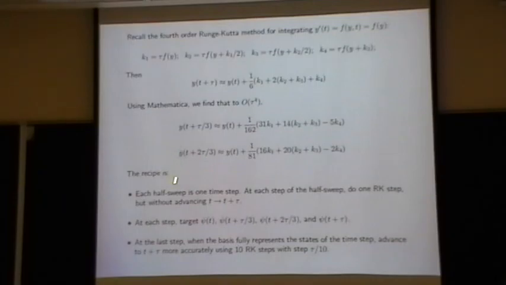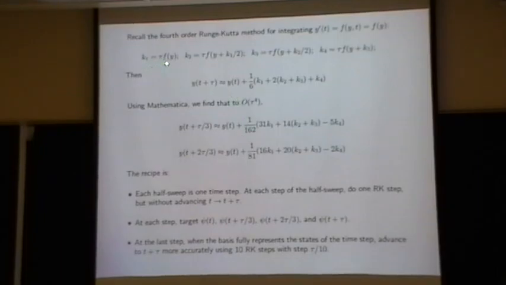So the recipe is very simple. We do a half sweep. Half sweep means from left to right or from right to left. And as we do the sweep, we keep track of these 4 states in the density matrix.